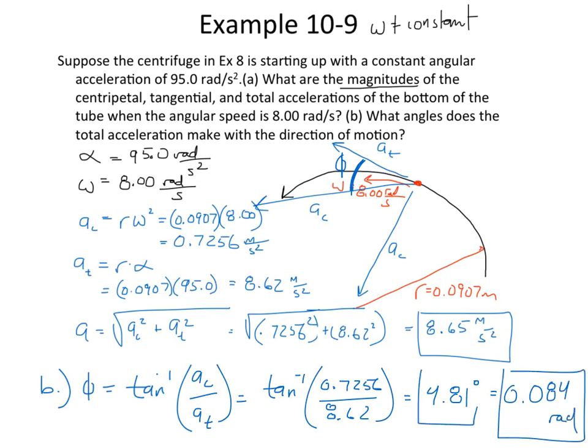If you want degrees, there you go, but let's stay with degrees, because radians are for going around in a circle. This is really the angle by which the total acceleration is offset from the tangential acceleration. It's different from a rotational angle. Let's keep this in degrees, but that would be the conversion anyway. So that's our angle phi and our total acceleration, 8.65 meters per second squared.